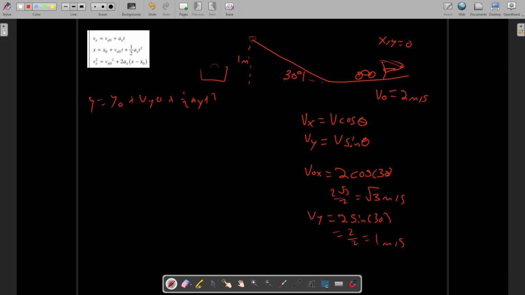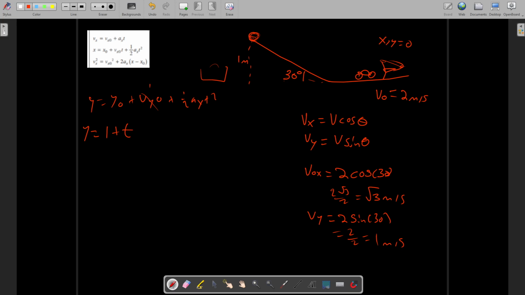Now, what do we say then? Well, if we're assuming the car, this is where we're starting our measurements from. Then we would say that y equals 1 plus, we know our v of y is 1, so we can just plug in 1, so this cancels out, t plus, and then a in the y direction is always going to be g if we ignore air resistance.